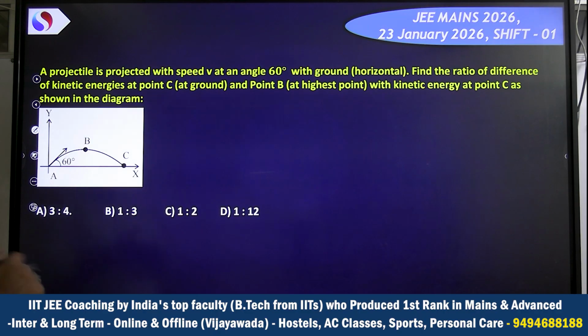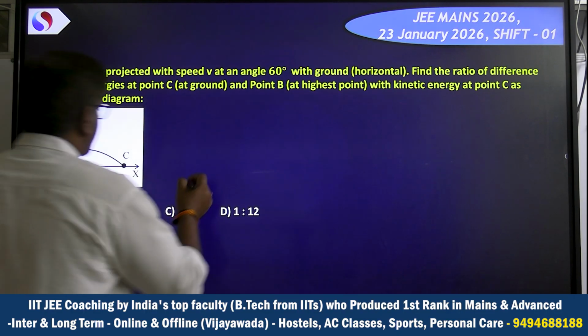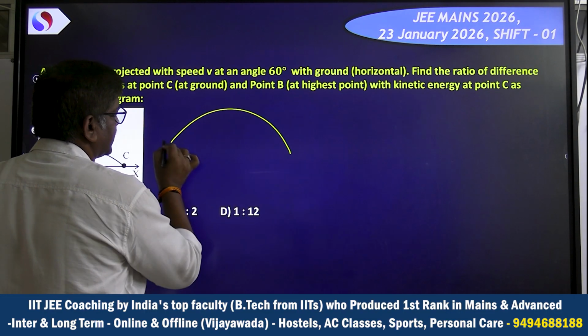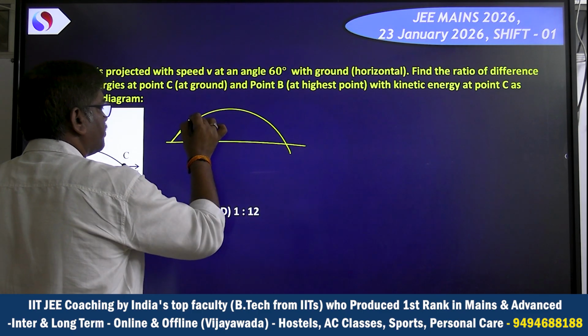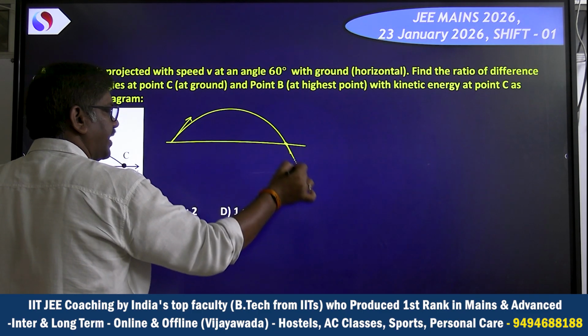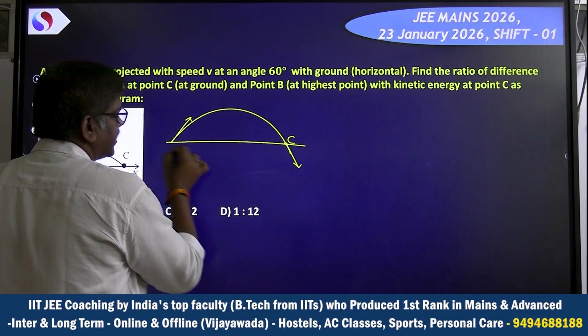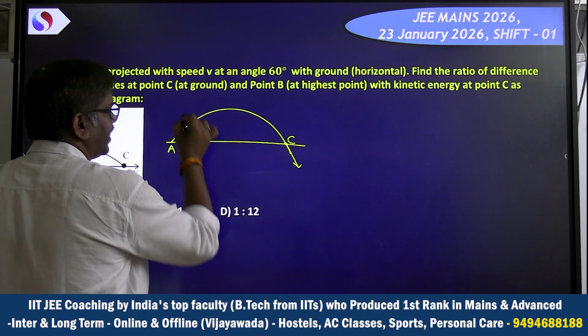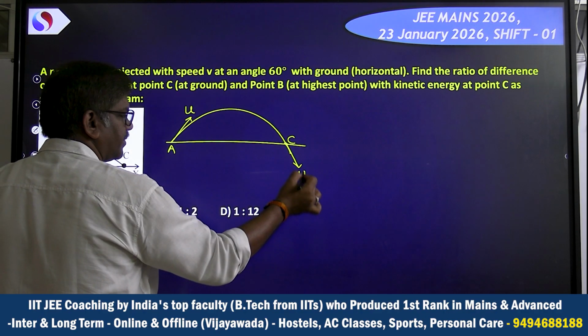Okay, next one. A projectile, integer type? No, objective. A projectile is projected at an angle of 60 degrees with the ground. Find out the kinetic energy at points B and C. There are some points given, A, B and C. A is the point of projection, C is the point of landing, and you know that the speed is the same.